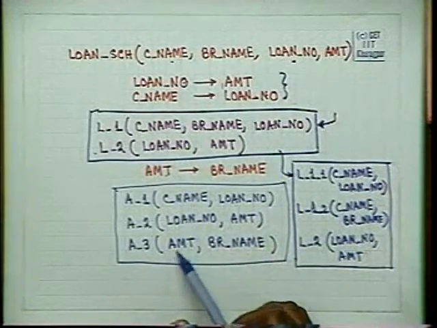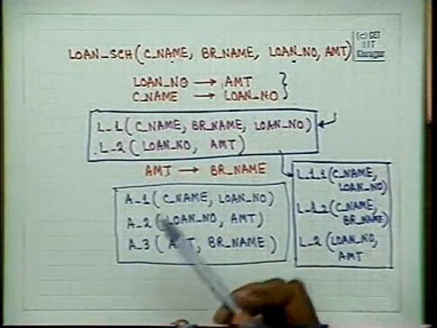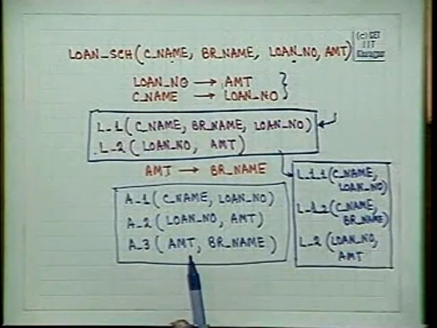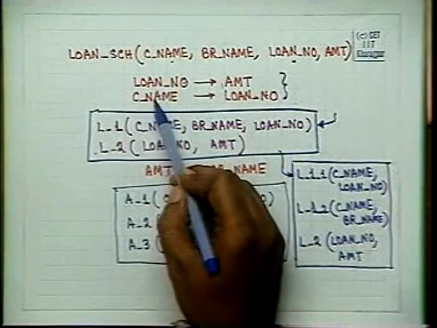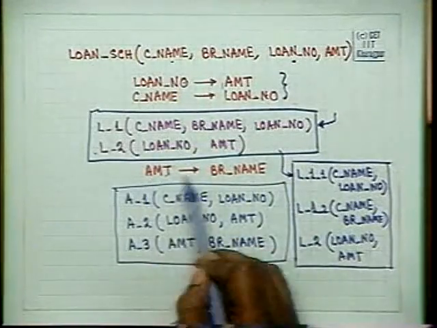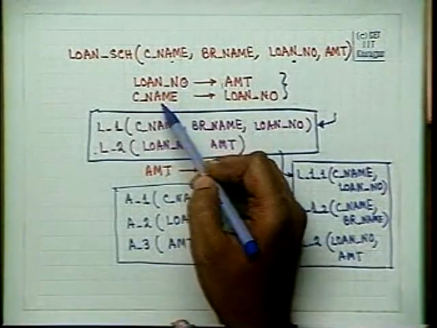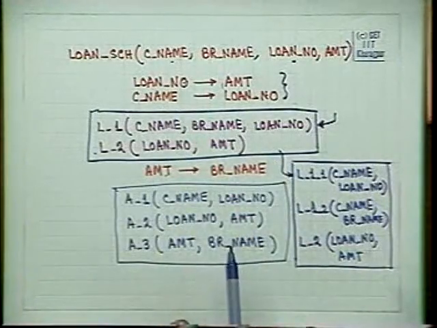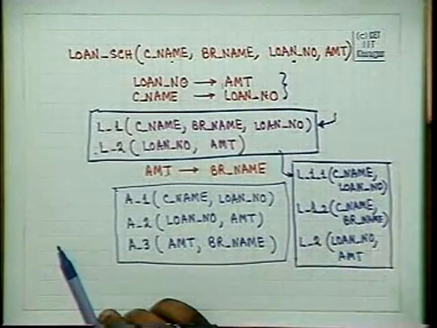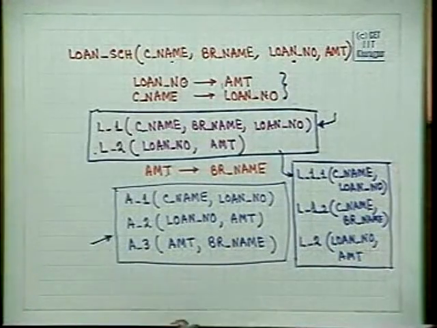Whereas here all of them are applicable individually on some decomposed relation or the other. This is the meaning. So here only this one and this one is applicable, and it does not give back this one, which is not derivable from any of these. So this is not a dependency preserving decomposition, whereas this is a dependency preserving decomposition.